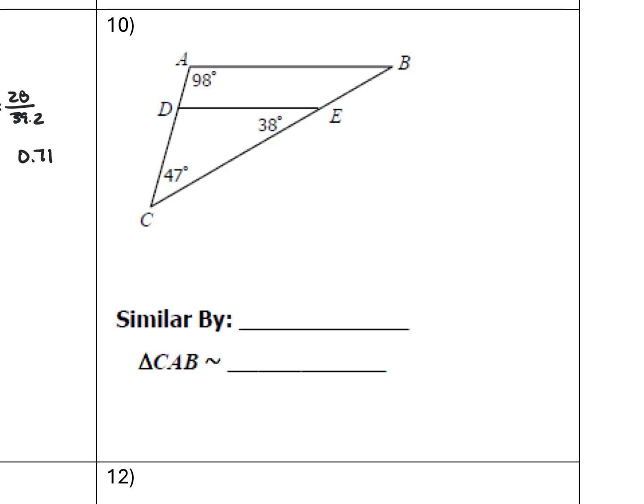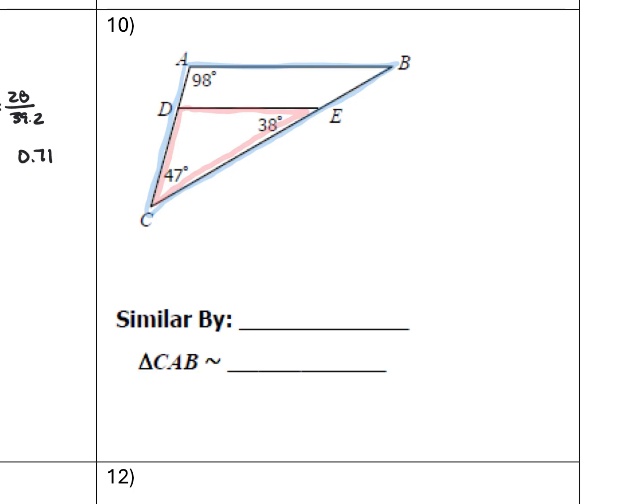All right, this one is one of those ones where I have a composite triangle. So I have one here, and then I have one here. So now I have two angles, so I need to make sure that my two angles are going to match. So I need to see if this angle right here is 98.